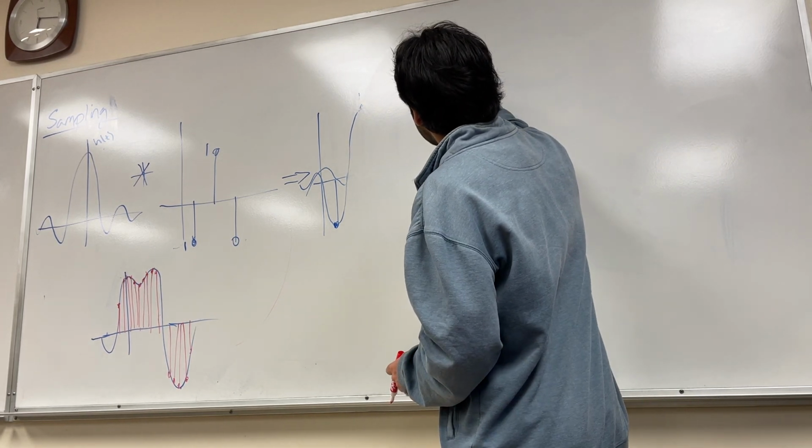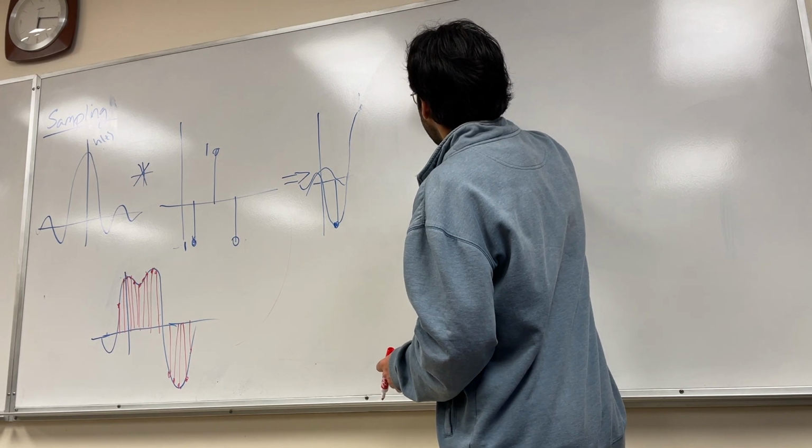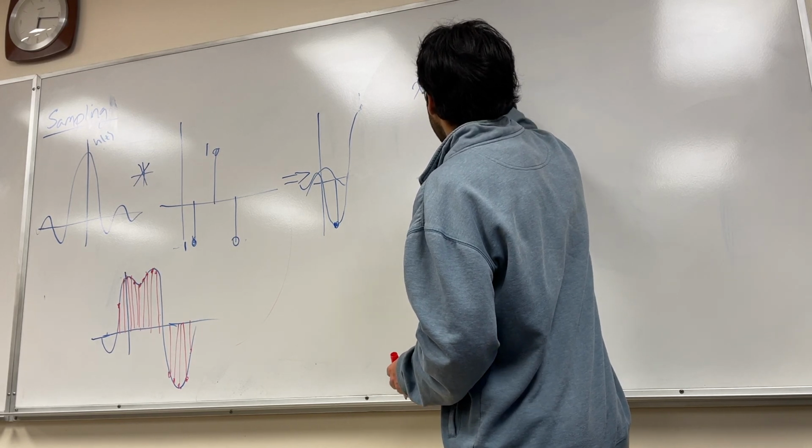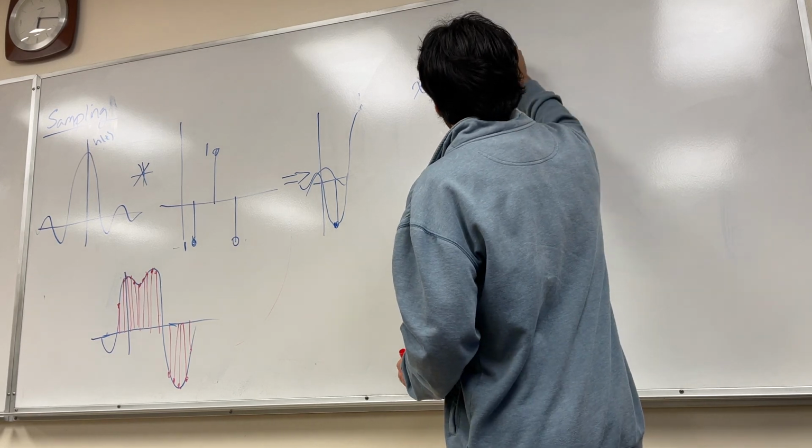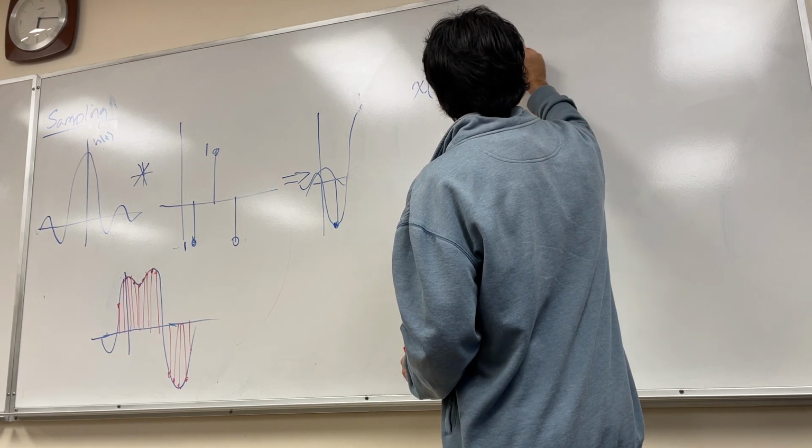So you could say on the sampling end, we'll do it in continuous and we'll turn it into discrete, equals the summation of your symbol.